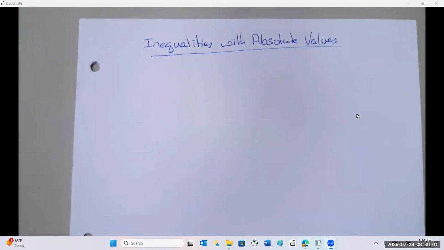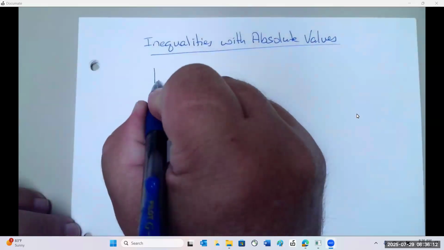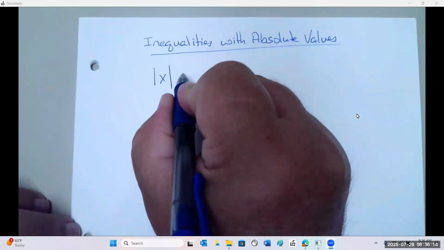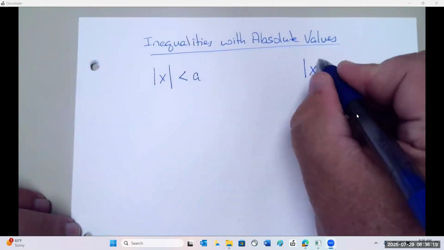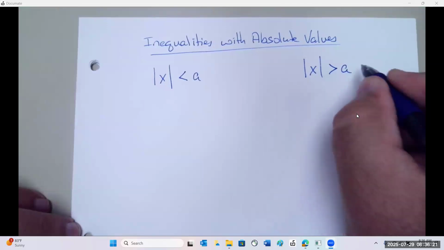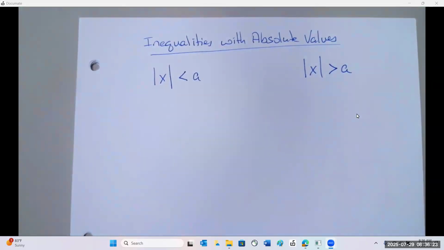When we deal with inequalities, we deal with sets of numbers, not just one number, not a positive and negative one number. It's a whole set of numbers. So we have two possibilities here. The absolute value of x could be less than some number, or the absolute value of x is greater than some number.